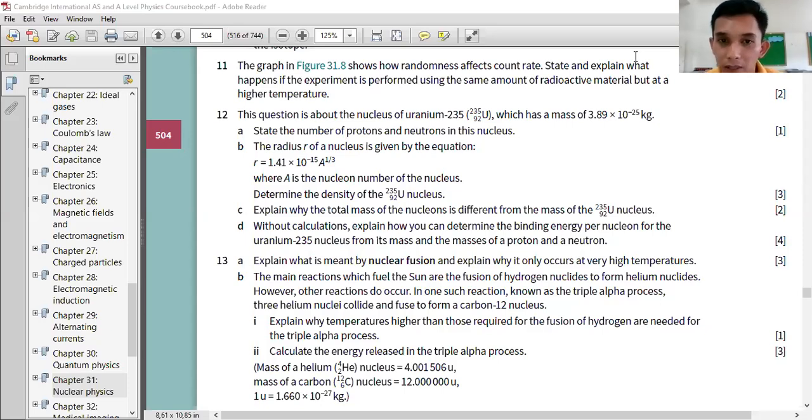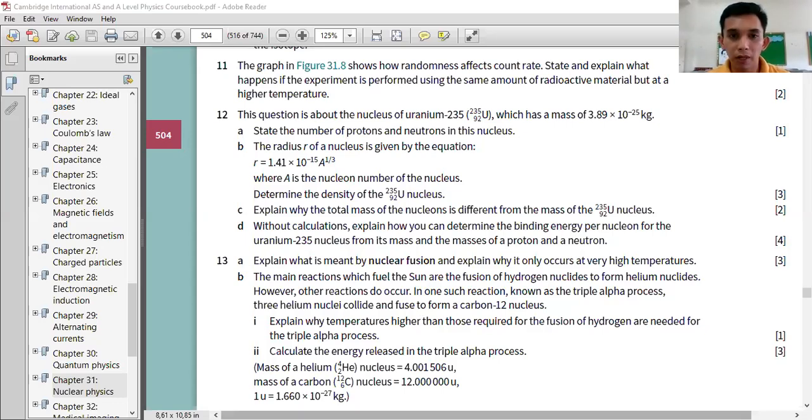Then explain why the total mass of the nucleons is different from the mass of the uranium-235 nucleus. And then D, without calculations, explain how you can determine the binding energy per nucleon for the uranium-235 nucleus from its mass and the masses of a proton and a neutron.